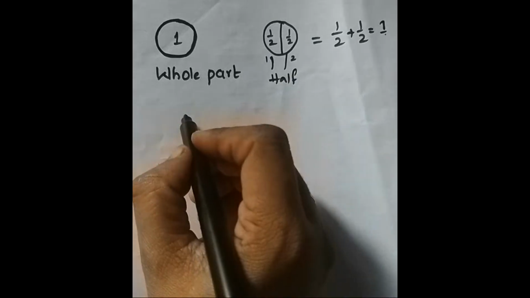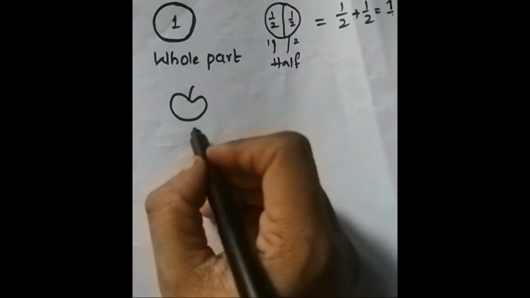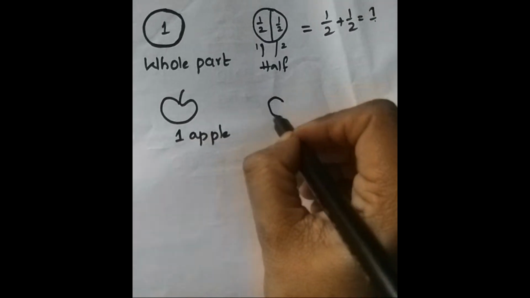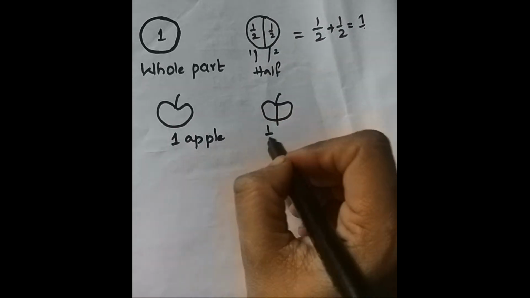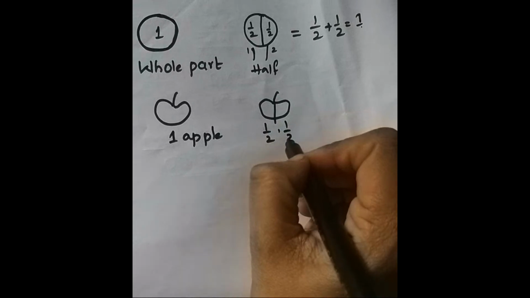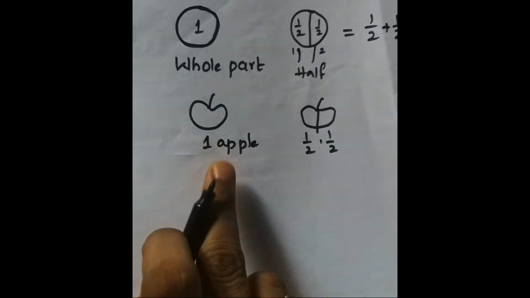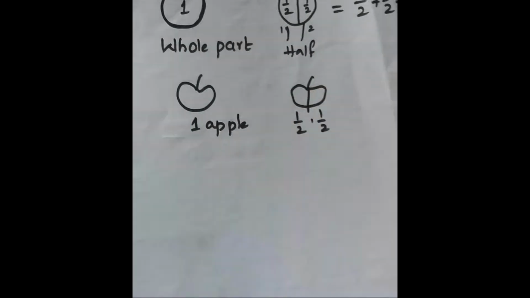For example, I am taking this apple. This is one apple. If we divide this one apple in two parts, then this becomes 1 by 2 and 1 by 2, half parts. 1 by 2 and 1 by 2 makes one full apple. So what does a fraction mean, children?